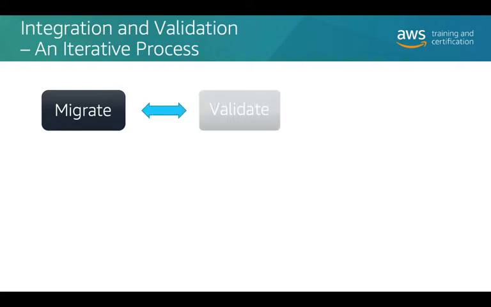You do the migration, you then validate that the workload works in situ. You then need to ensure that you can integrate that with not only the old applications that are still remaining on premises, but also with the applications that have already been migrated to AWS.